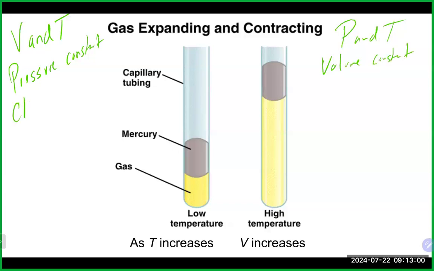As we'll talk about in a second, this is Charles' law, and this is what is referred to as Lussac's law. We'll start with the pressure and temperature relationship, holding the volume constant, and what we would expect to happen in that situation.